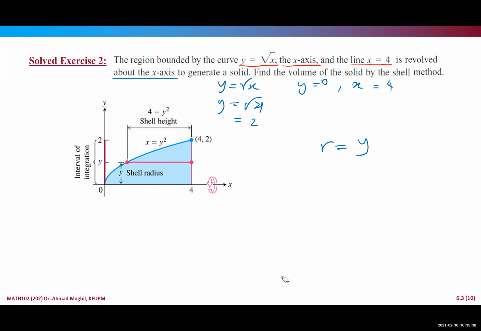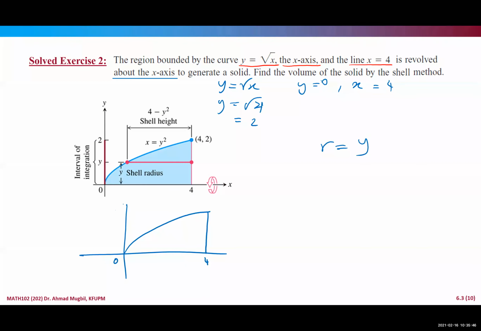But it is clear, I think, especially for those who understand 6.2. So if you want to use the disk or the washer methods here, this is the axis of rotation. To find the volume by using cross sections, you will draw a line perpendicular to the axis of rotation.